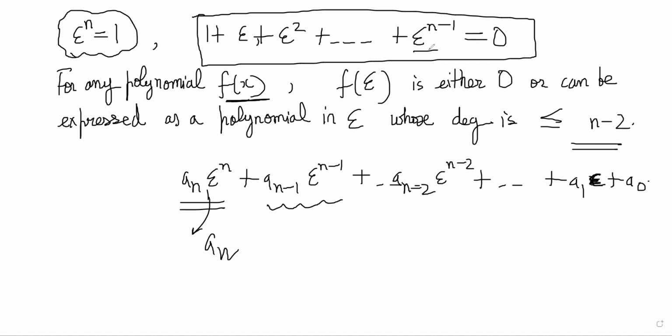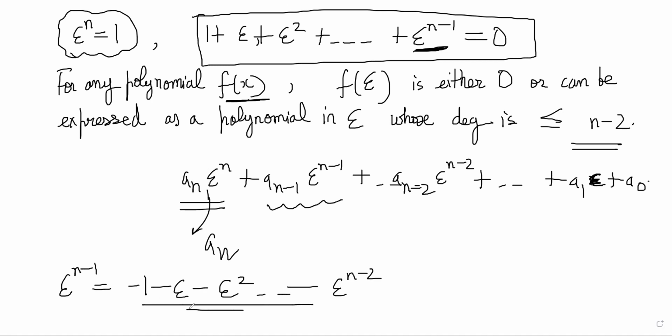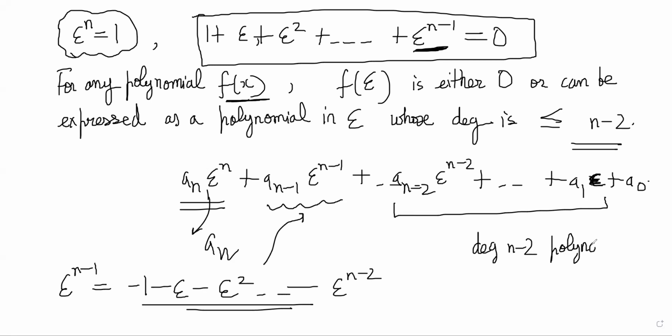Basically you can do epsilon power n minus 1 is minus 1 minus epsilon squared till minus epsilon power n minus 2, right? And if you replace that there, you will eventually end up with a degree n minus 2 polynomial in epsilon, right? So if f of x has a degree n, f of epsilon will be either 0 completely, or it can be a degree n minus 2 polynomial in epsilon, right? We will see how we'll apply this in a particular problem soon.